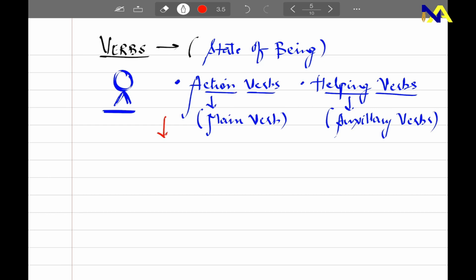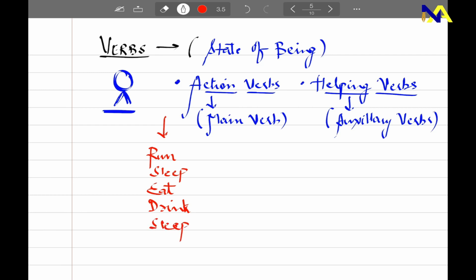And if you talk about examples of action verbs, then anything that denotes your action, whatever you are doing, whether you are running, whether you are fighting, whether you are taking a bath, whether you are sleeping: run, sleep, eat, drink.